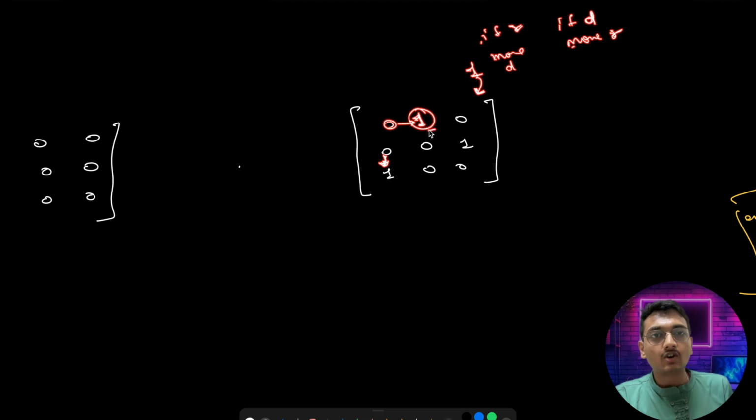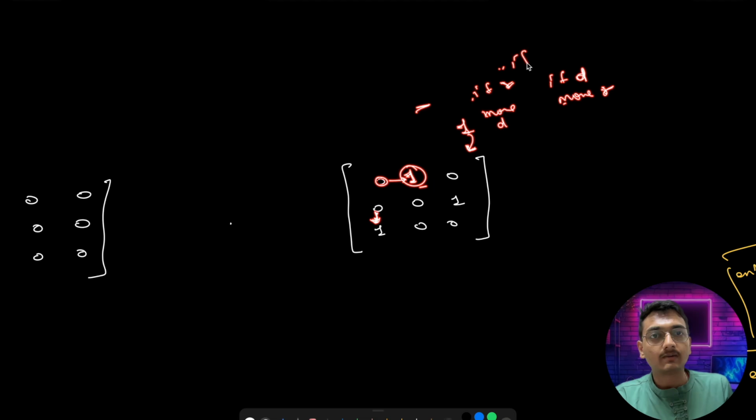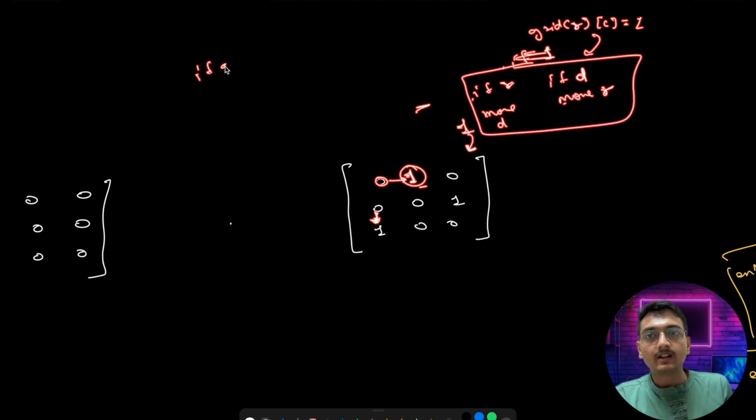This is the case when grid of row comma column is 1, so this thing is valid in that case. In case grid of row comma column is equal to 0, in that case you can directly return something like this: move right plus move left.